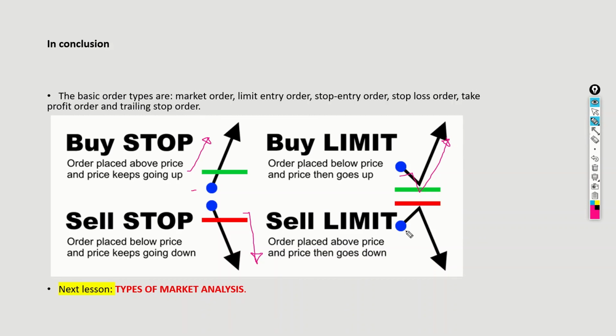So for a sell limit order, you set it above the current market price. When the market goes up to that level, it hits it, and then it finally goes down. Take a screenshot of this image and then be able to memorize.